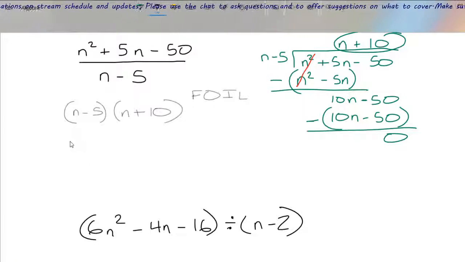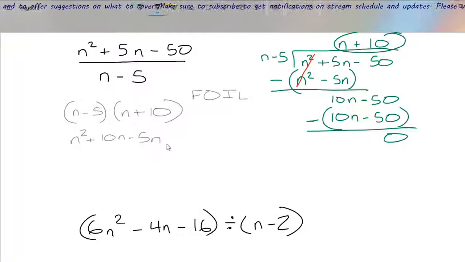So first, n times n is n squared. Outer, n times positive 10 is 10n. Inner, negative 5 times n is negative 5n. And then last, negative 5 times 10, negative 50.